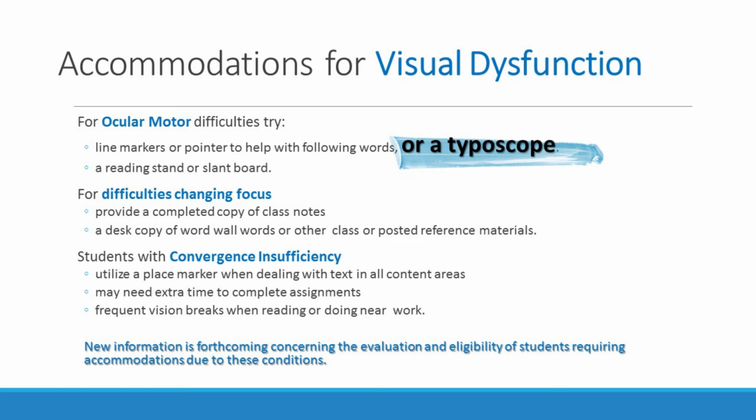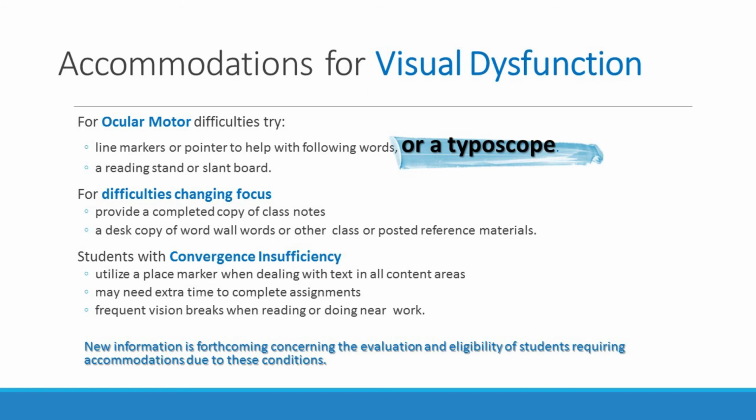For difficulties in changing focal point, provide a completed copy of class notes or a desk copy of wall words or other classroom or posted reference materials. Students with convergence insufficiency may utilize a place marker when dealing with text in all content areas. The use of extra time to complete assignments is needed due to the effort required in visually focusing on the work.